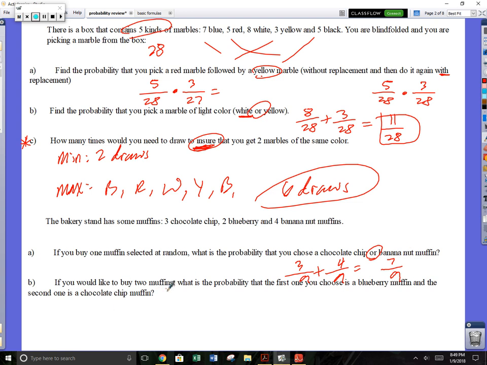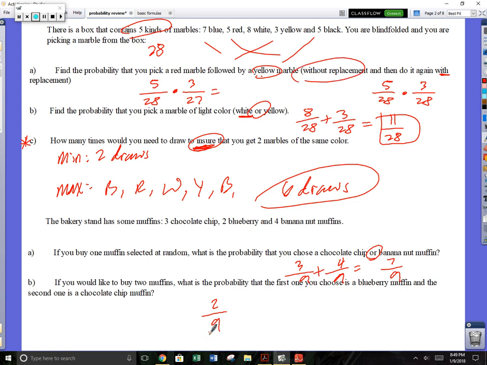If you'd like to buy 2 muffins, and I guess you can't see them, you're just reaching in a bag and pulling muffins out, kind of like the marbles. What's the chance that the first one that you grab is a blueberry? Okay, that one's 2 out of 9. And the second one is a chocolate chip. So obviously this is without replacement. You're keeping it.